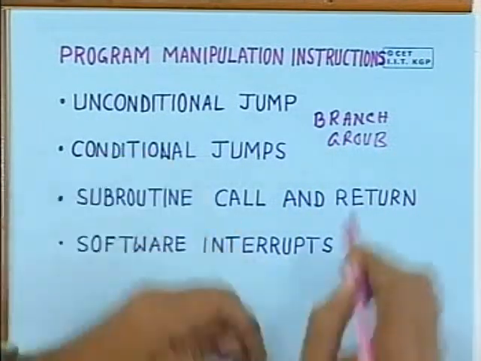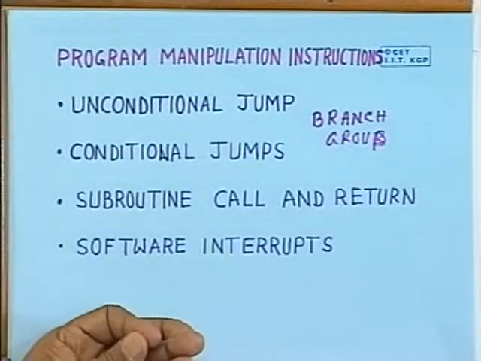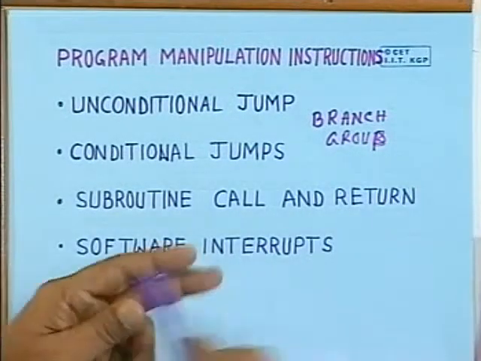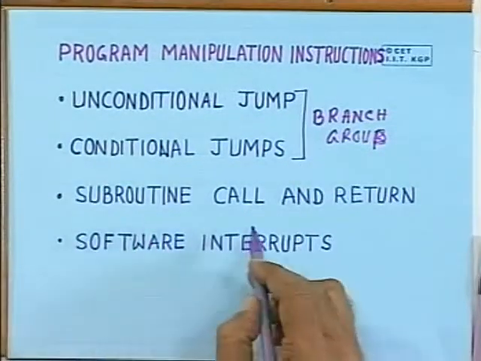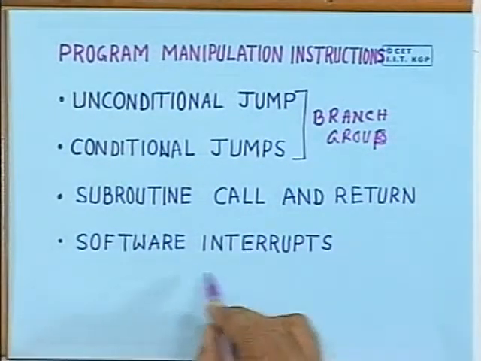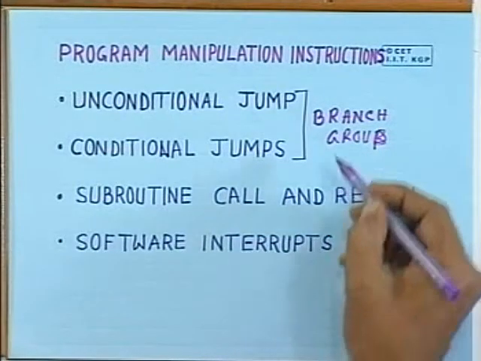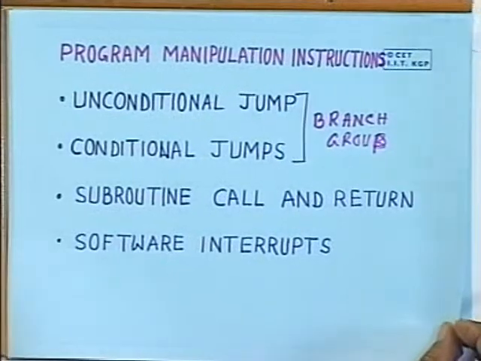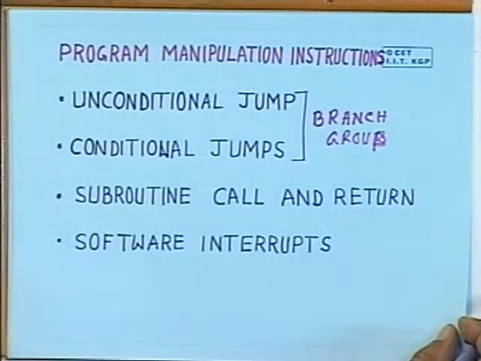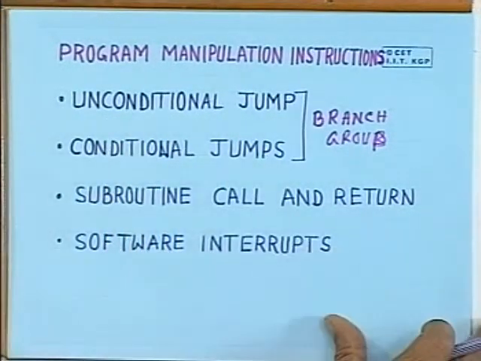Then we have these two belong to branch group: subroutine call and return, software interrupts. We shall consider these types of instructions one after the other. Let us first consider the unconditional jump.